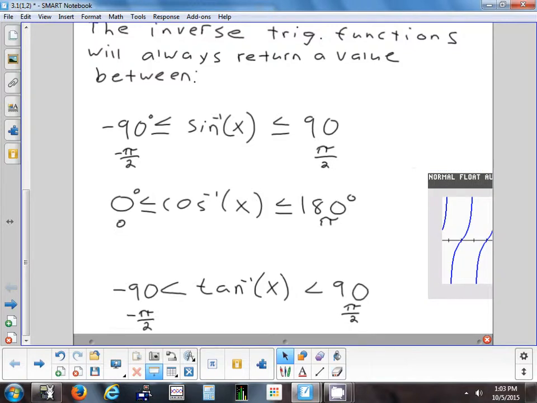What's the difference, though, between the numbers I have for inverse sine and inverse tangent? Very, very small difference, but it's important. You see the difference? They're both negative 90 to 90, but there's a very, very small difference.